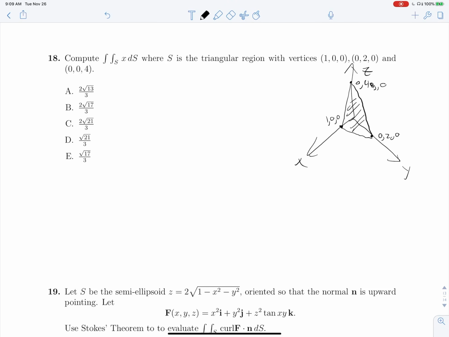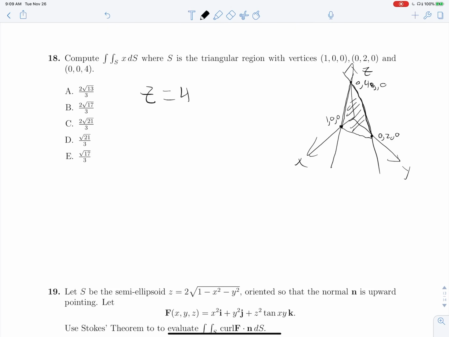So there's a little bit of a weird strategy I used to figure out the equations for this. We know that when x and y are 0, z is equal to 4. And then all we have to do is look at the slope of the lines in the xz plane and the yz plane to figure out what those coefficients are.